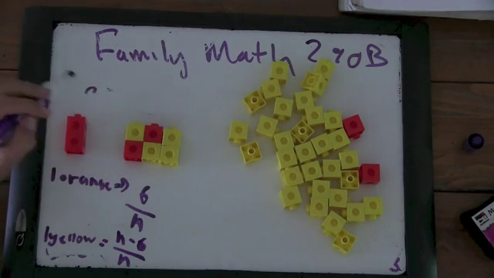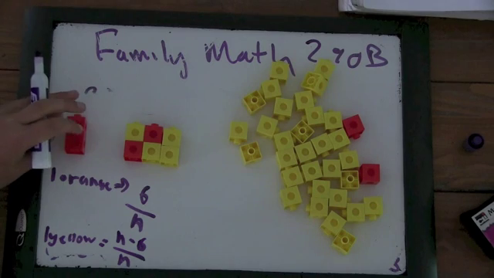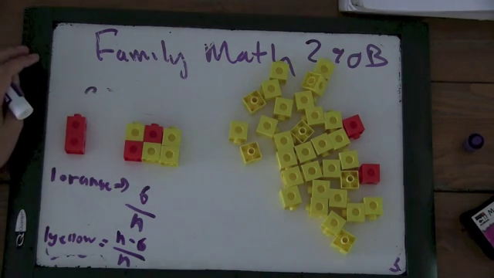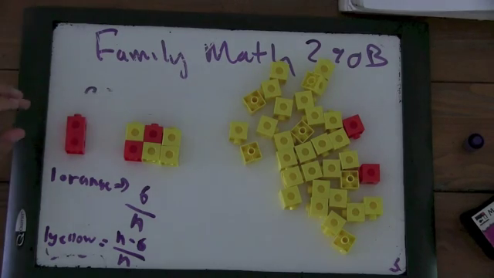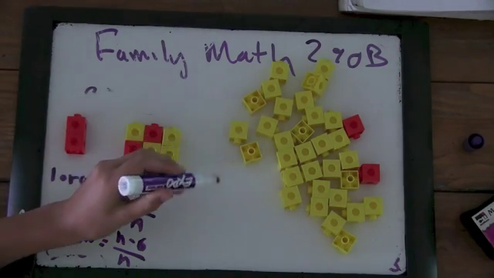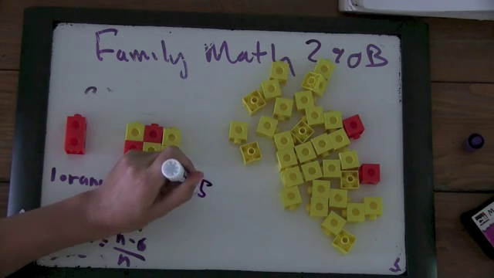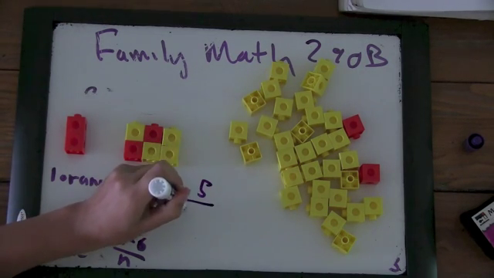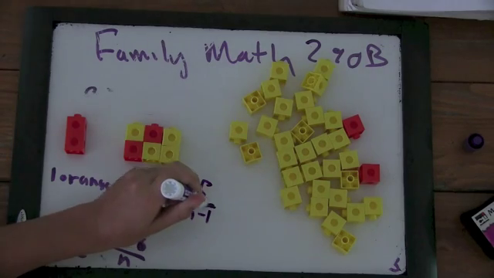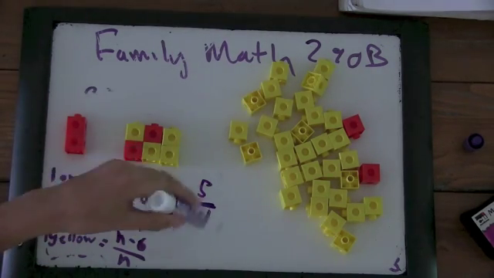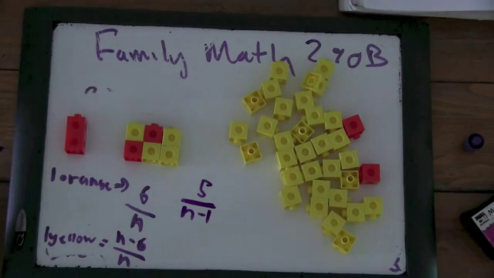But we know that once we pick an orange, we don't put it back. Why not? Because we eat it. Right. So the probability of picking another orange should be 5, the remaining oranges, over n minus 1, because you took an orange out.